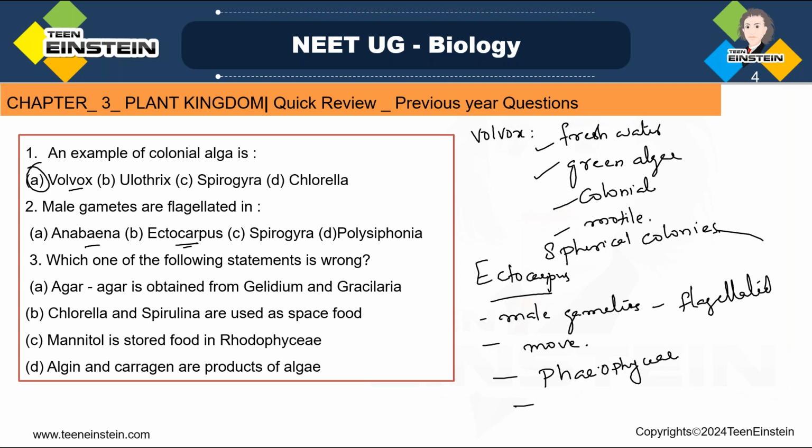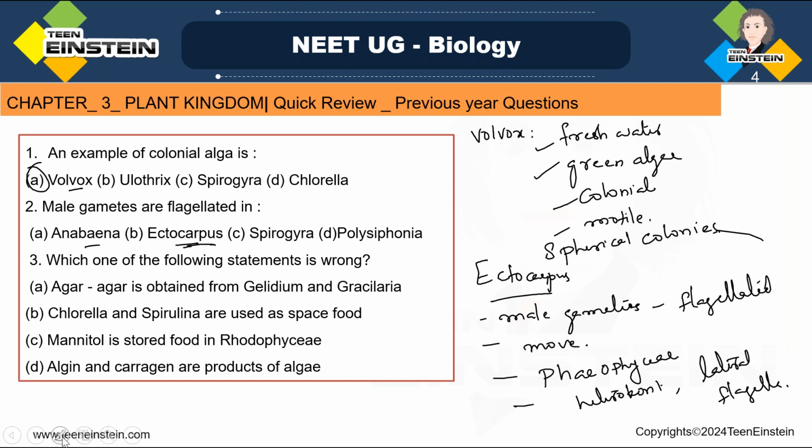While learning about Phaeophyceae, we learned about Ectocarpus and heterokont, with lateral flagella. So male gametes are flagellated, that means motile, in Ectocarpus, which comes under Phaeophyceae.